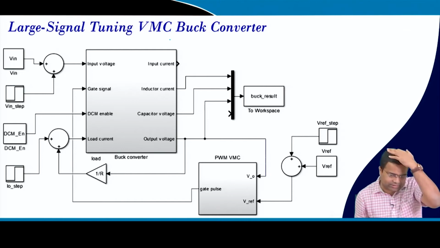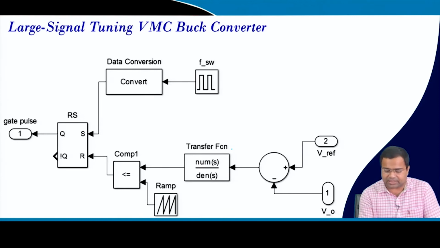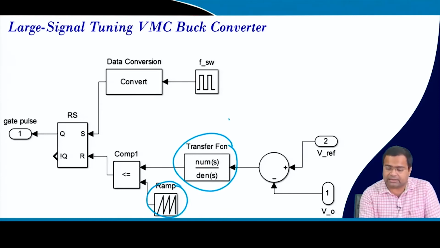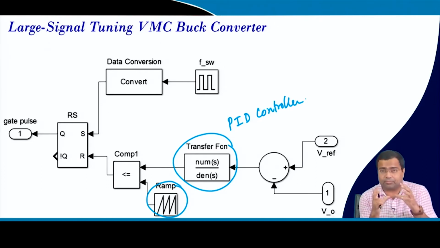And for the large signal tuning, voltage mode control is a standard voltage mode controller, nothing special. You can add a sawtooth ramp, and this controller we are taking like a PID controller with a band limited derivative, and the gains are set according to our formula, right.